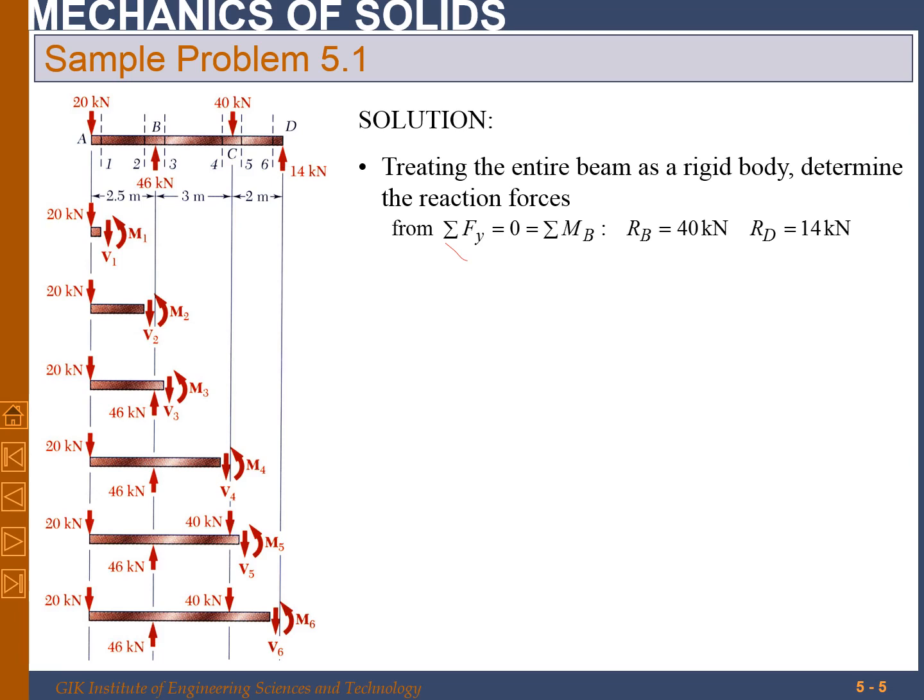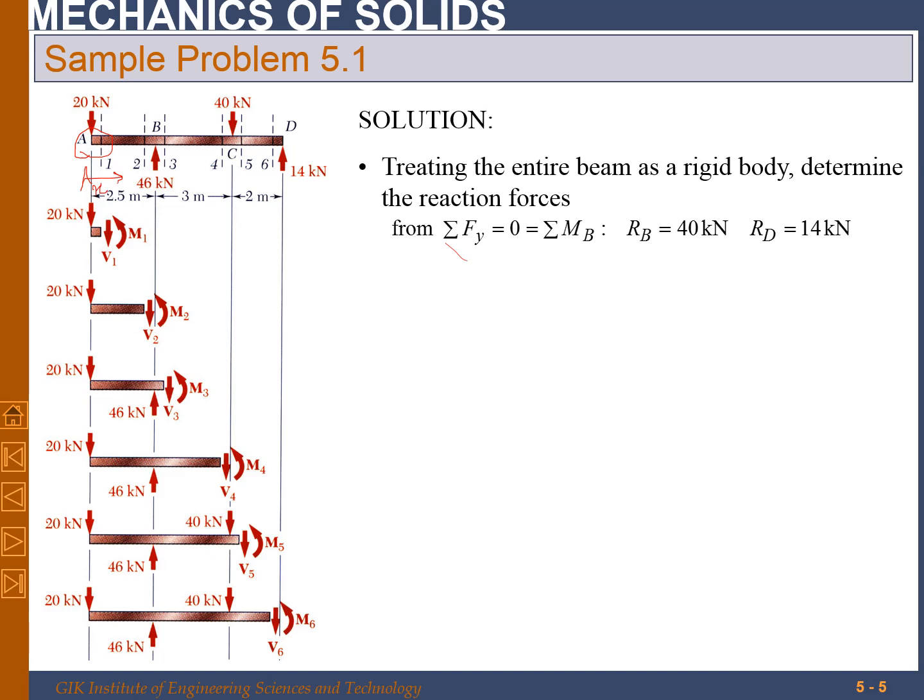Now first we will take a section just after A, and we will draw the free body diagram. Since for this section we are going from left to right, we will take this distance as x.